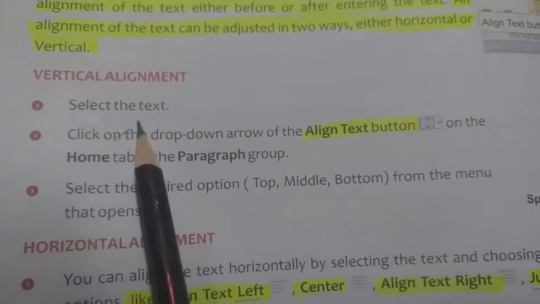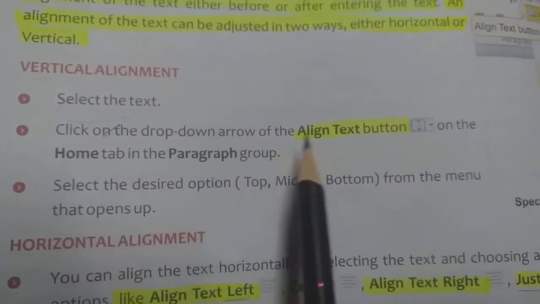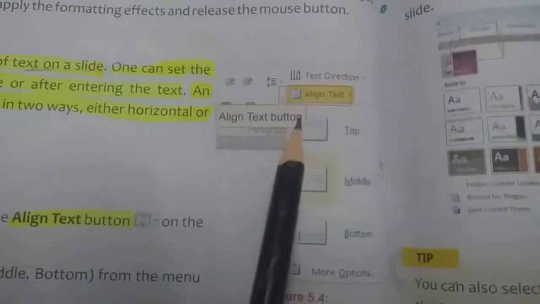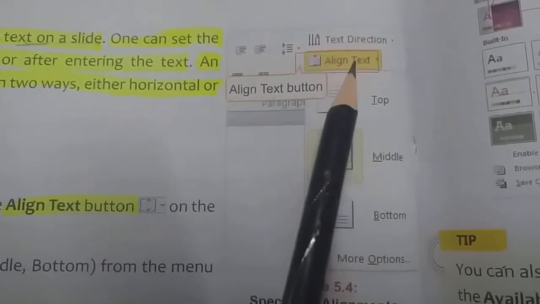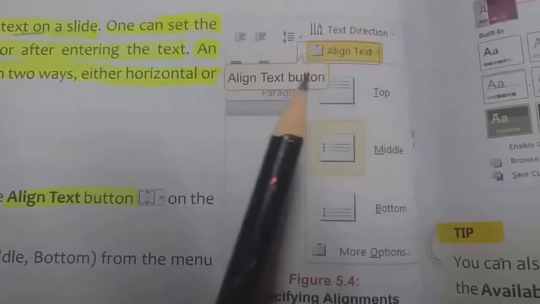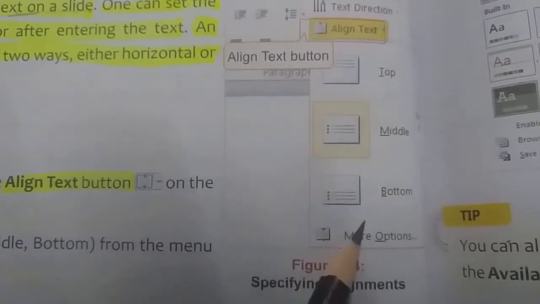Firstly, select the text. Then click on the drop down arrow of the align text button on the home tab in the paragraph group. Yes, in the home tab in the paragraph group we have to choose this align text option. So whenever we will click on this option, there will be three options: top, middle and bottom.